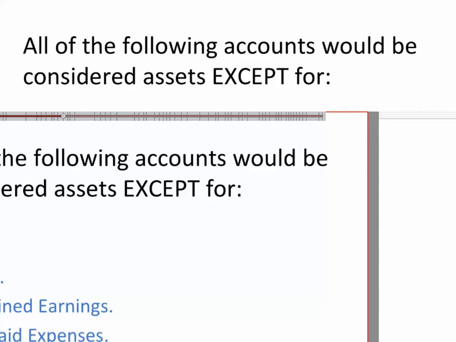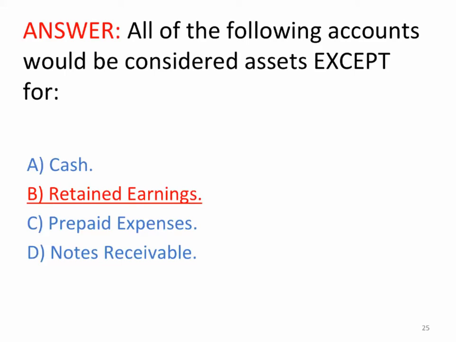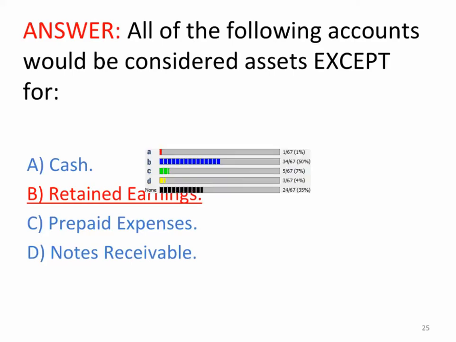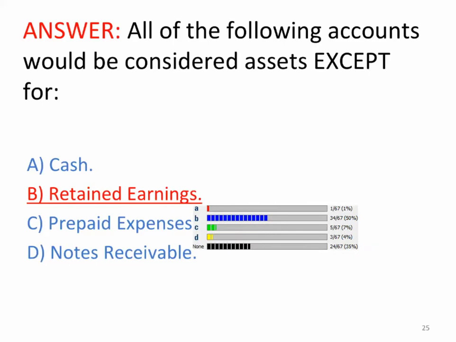See, that stuff isn't hard. Okay, so the answer, you're right. The answer is B, retained earnings. Cash is an asset. Prepaid expenses are an asset. Notes receivable is an asset. So retained earnings is an equity account.